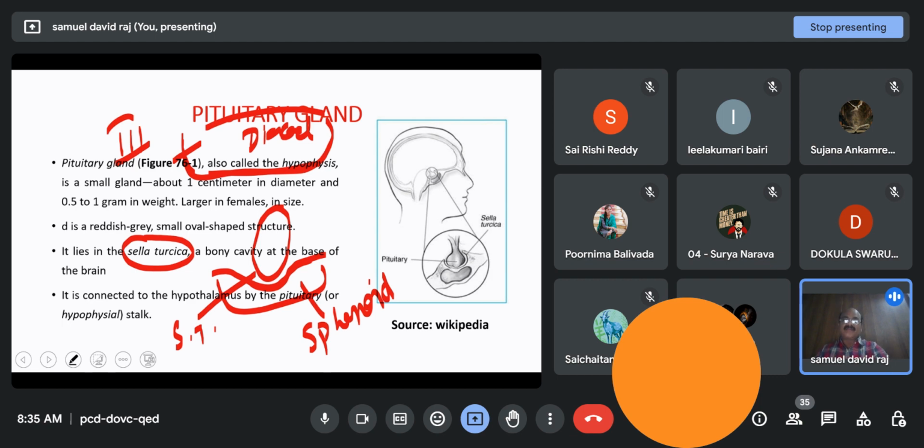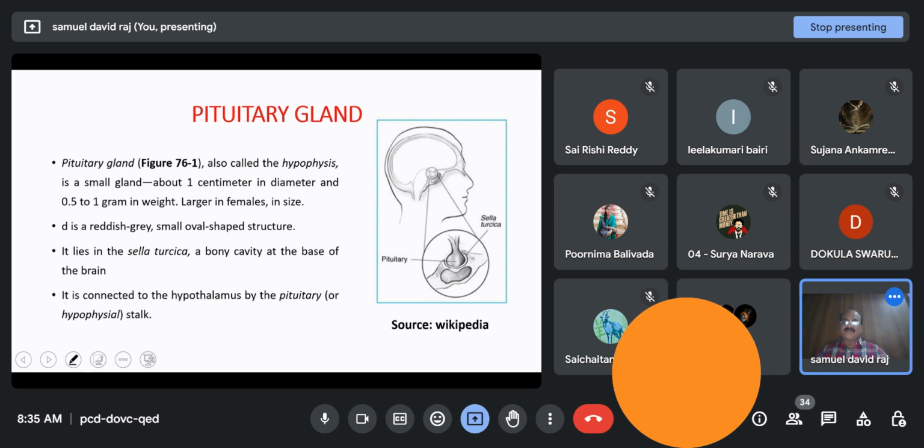The roof is called epithalamus, the sides are called optic thalami, and the floor is called hypothalamus. And to this hypothalamus, the pituitary gland is attached by a stalk. That is how it is said to be present.